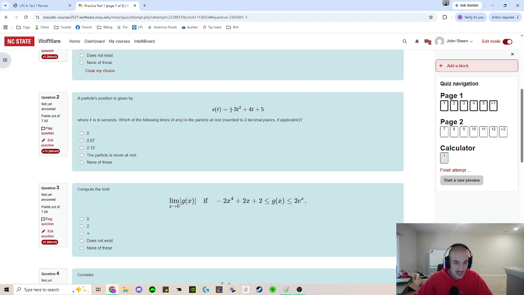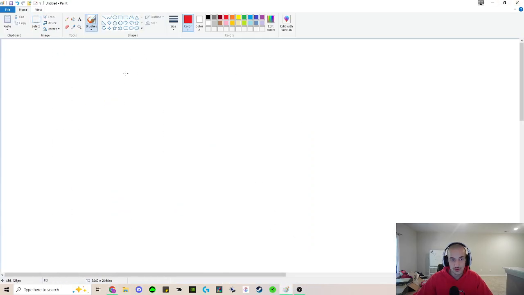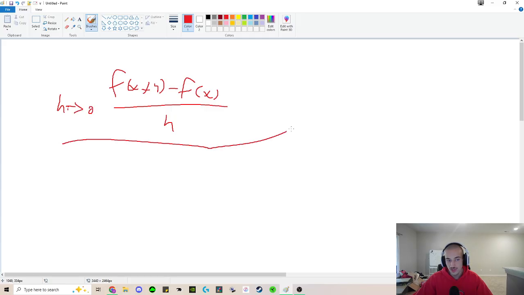Here I would say we probably need to do our difference equation form. It's like f of x plus h minus f of x over h, right? And you take h goes to 0. And you do this here.